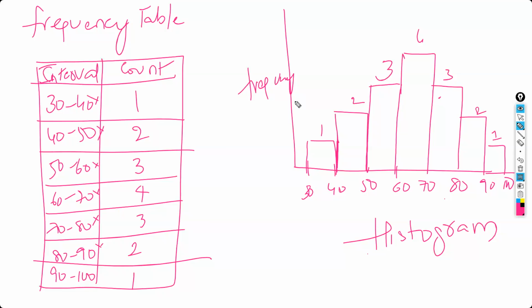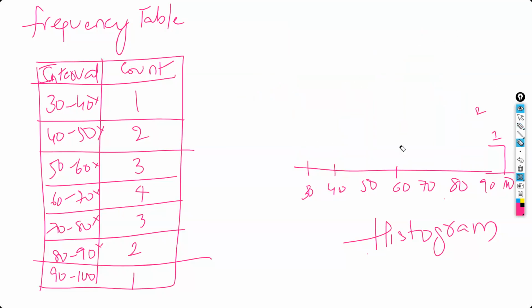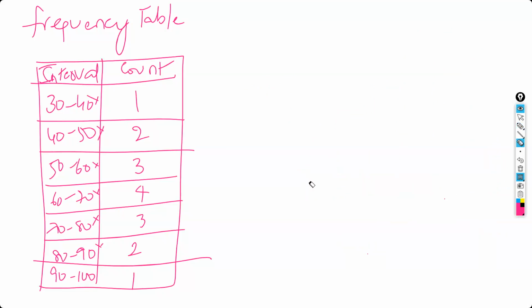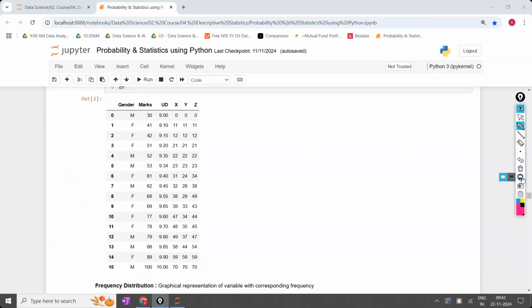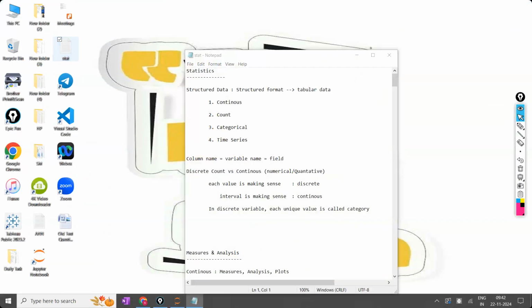Now, let's move on to the next topic, called probability. How to calculate the probability? The next example is how to calculate the probability. The most important point is the probability of a continuous variable. You have to take this in your notes clearly.